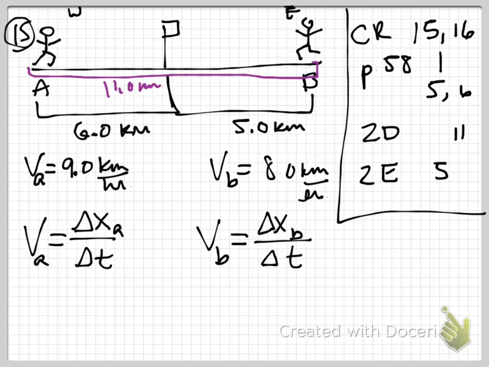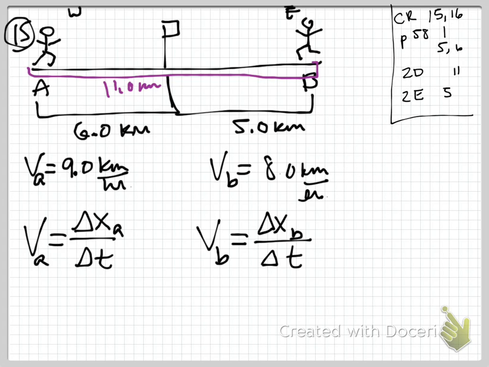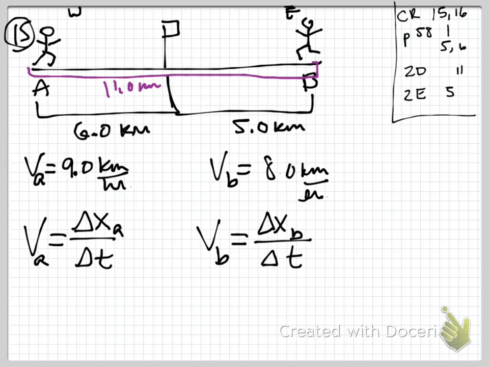What that gives us is a side equation, and we do a lot of side equations in here. Let me shrink this up into the corner. I'm going to write a little side equation here that says delta x of A plus delta x of B has to equal 11.0 km. I'll pop it there.